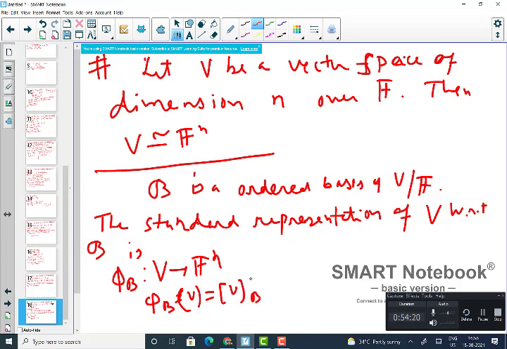These coordinate vectors you can think of as column vectors, elements of F^n, and this is the natural isomorphism from V to F^n that I was talking about. This is called the standard representation of V. Okay, maybe I will stop here, and next day we will learn another very important idea. Okay, so stop here.